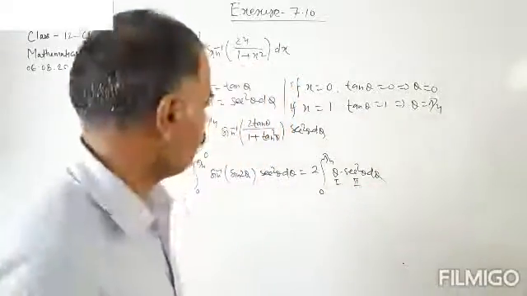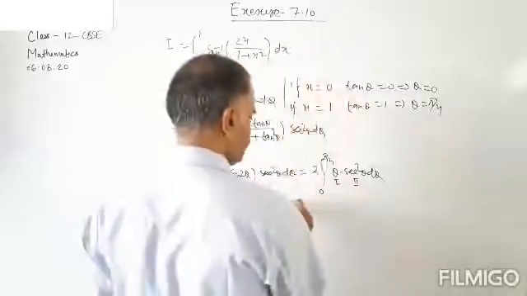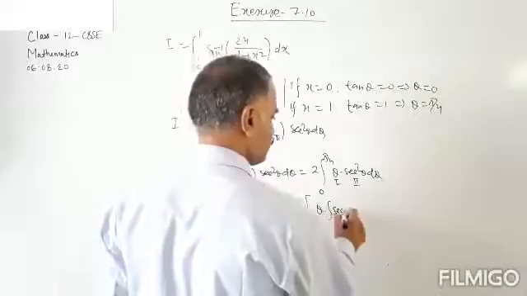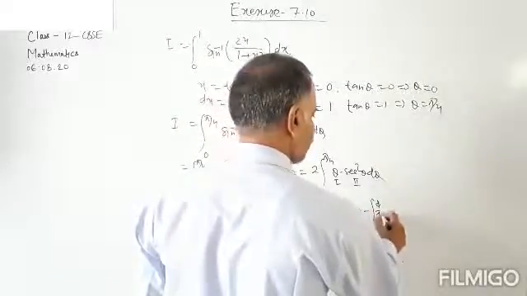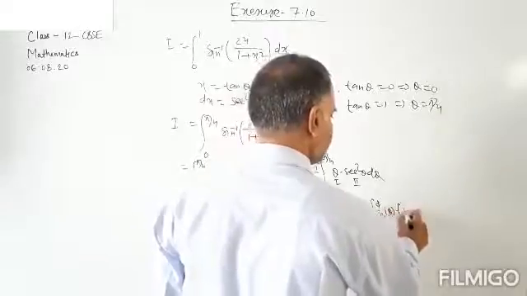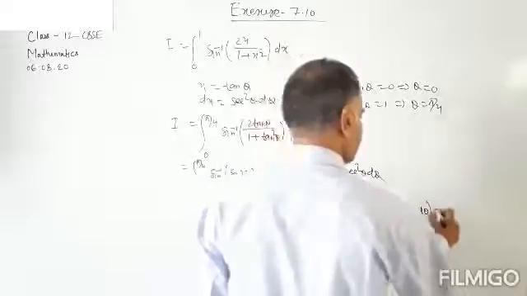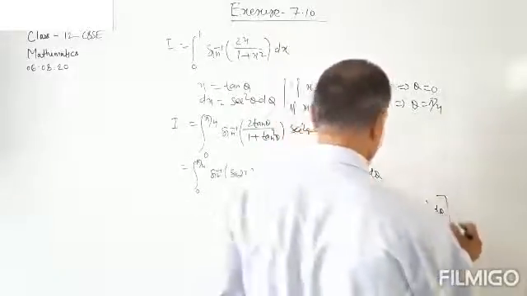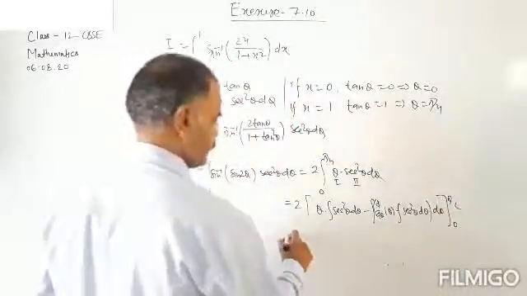Now we will integrate using by parts: first function times integration of the second function, minus the integral of the differentiation of the first function times the integration of the second function. The limit varies from 0 to pi by 4, and 2 is outside.